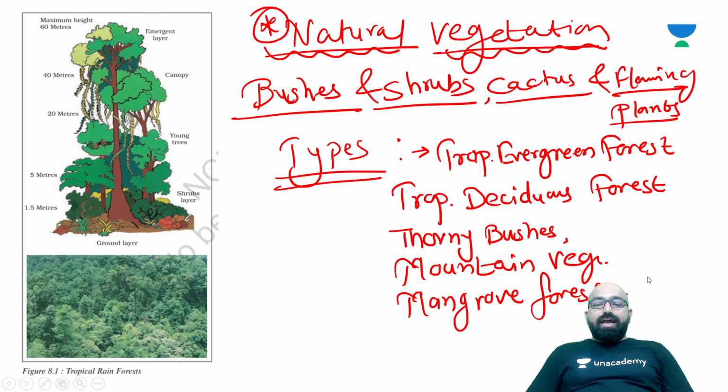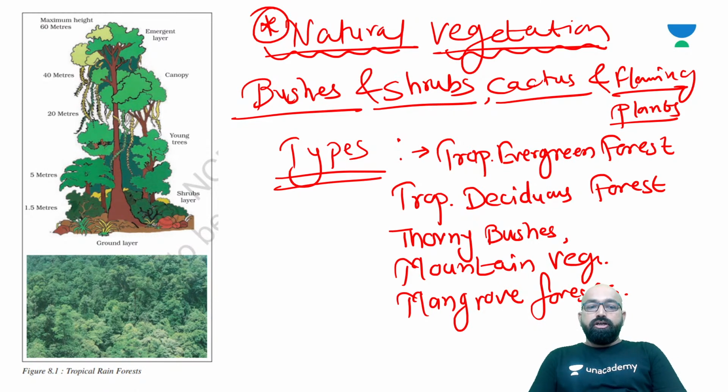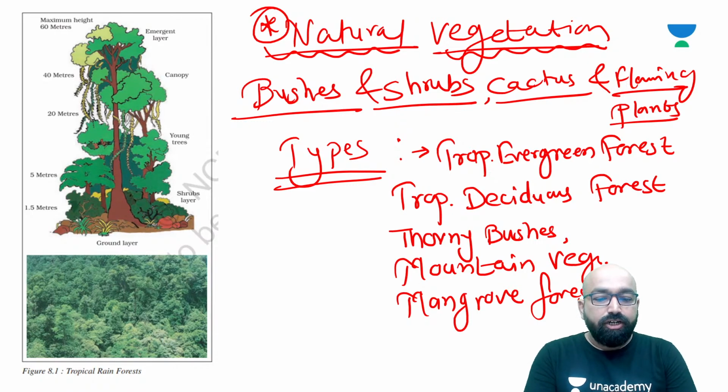So friends, there are 5 types of natural vegetation: tropical evergreen forest, tropical deciduous forest, thorny bushes, mountain vegetation, and mangrove forest. Now, first, we will discuss tropical rainforest, that is, tropical evergreen forest.